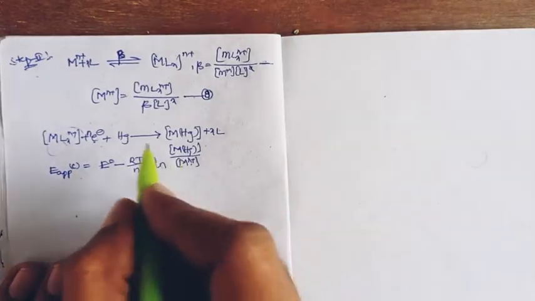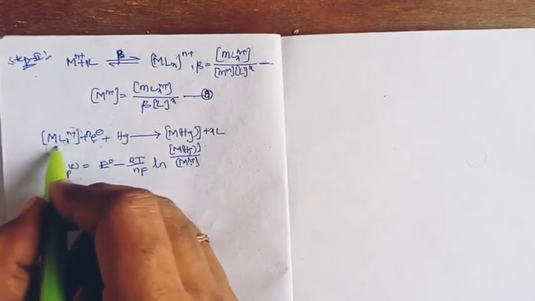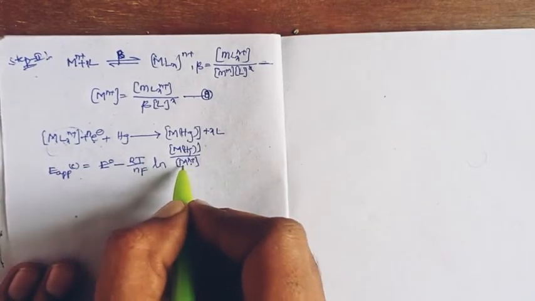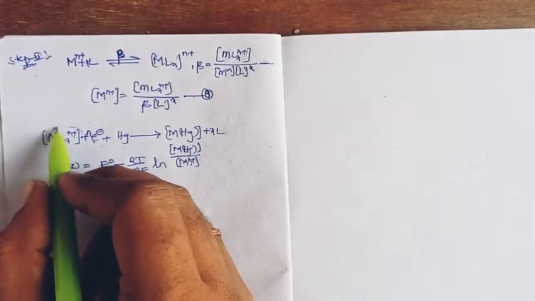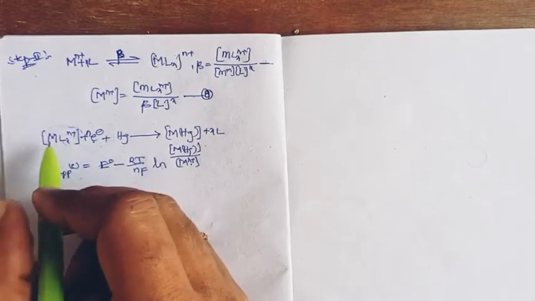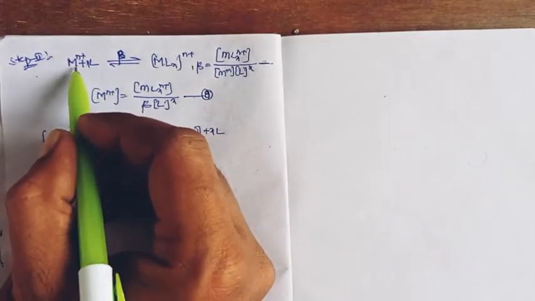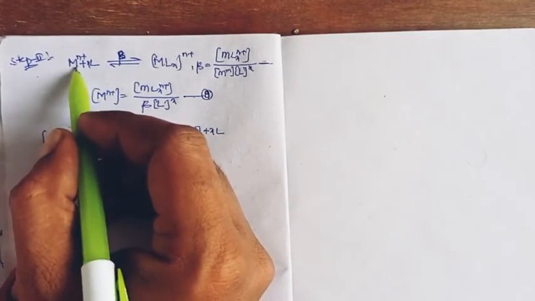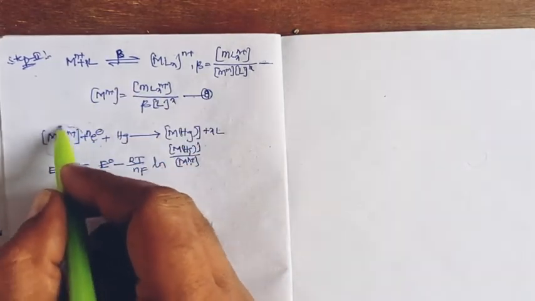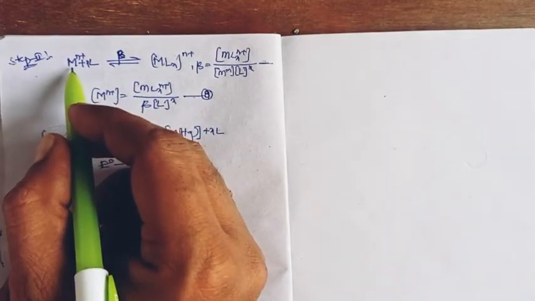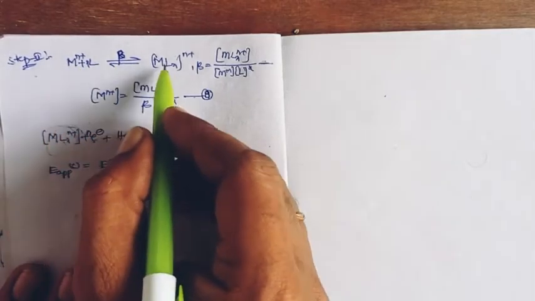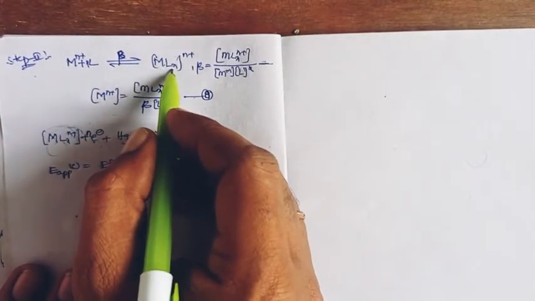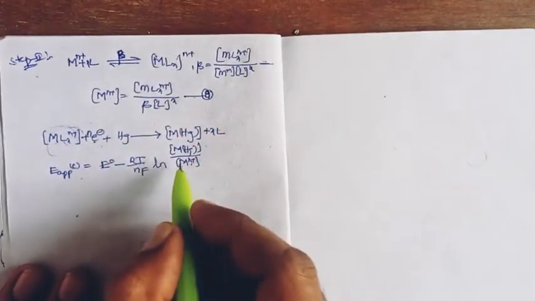Even though the reaction is with the metal complex, we consider the metal ion concentration, since the amount of complex depends upon the metal ion concentration.